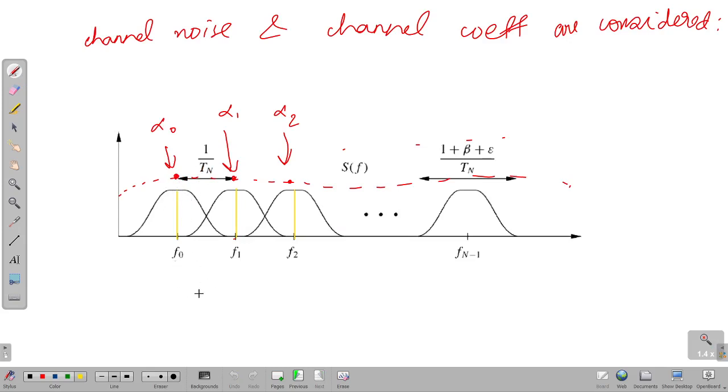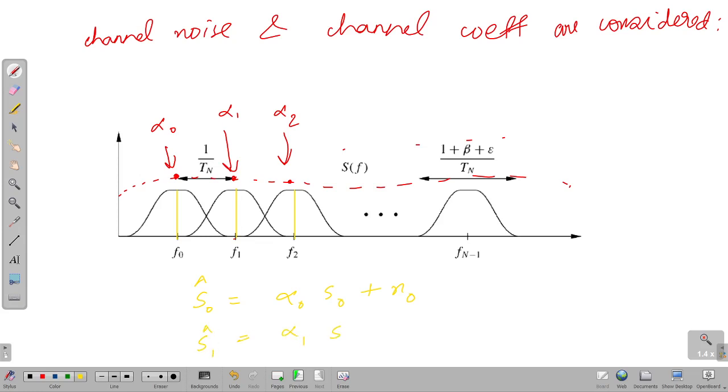So here S0, which is the first symbol corresponding to the first subcarrier, S0 cap will have alpha naught into S0 plus N0.